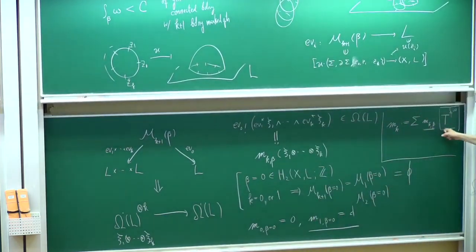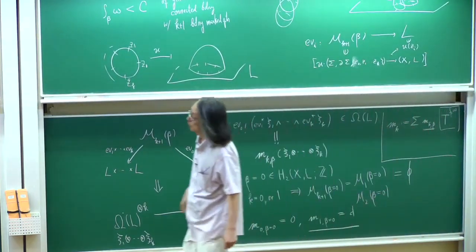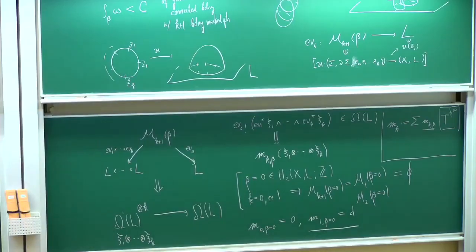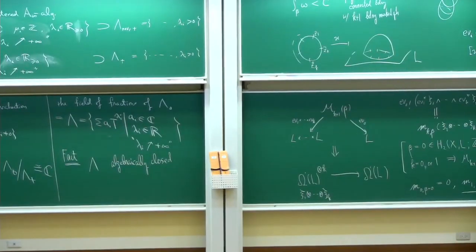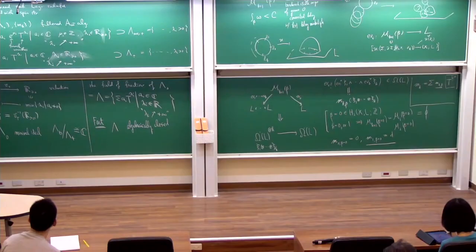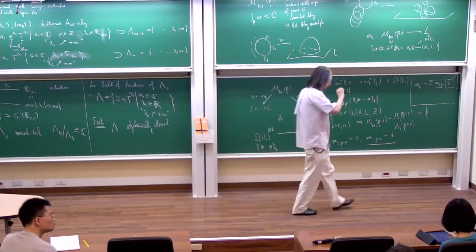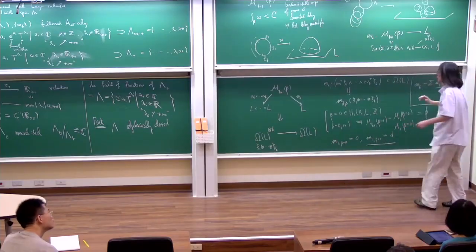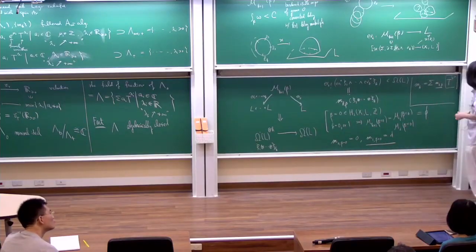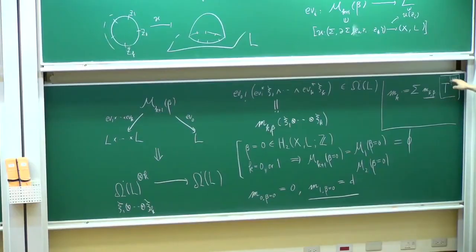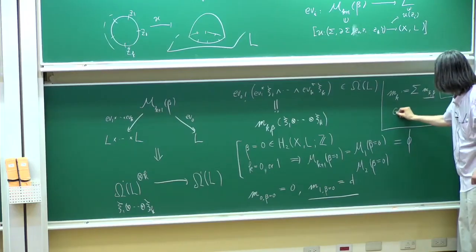Therefore this converges in the t-adic sense, namely with respect to this valuation, which gives a certain topology. If the power of t goes to infinity, then it converges to 0. So this is well defined, by Gromov compactness.